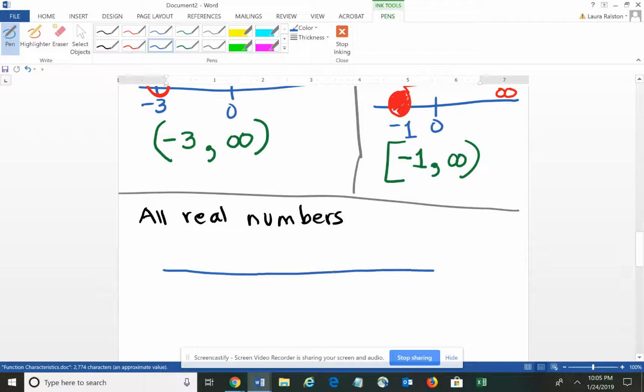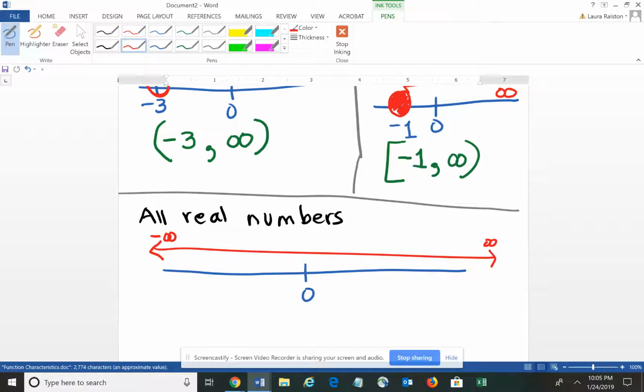So when you think about the idea that x can be all real numbers, we're basically saying it can be any number on the number line, which means it could be anything from negative infinity up to positive infinity. And so the phrase or the idea of all real numbers in interval notation is written, we go from negative infinity to positive infinity. And again, in both cases, we have parentheses for those.